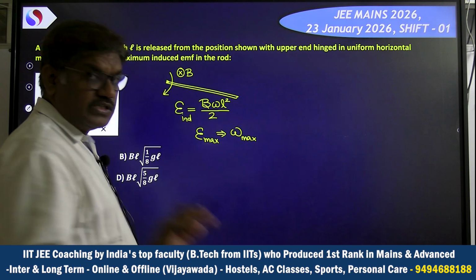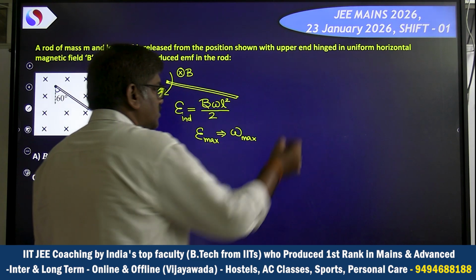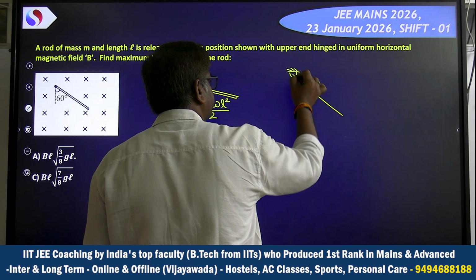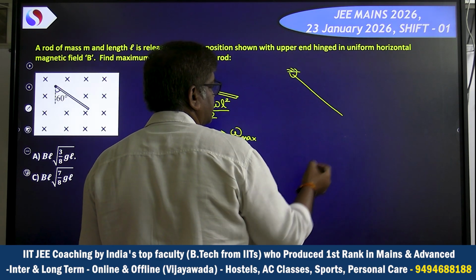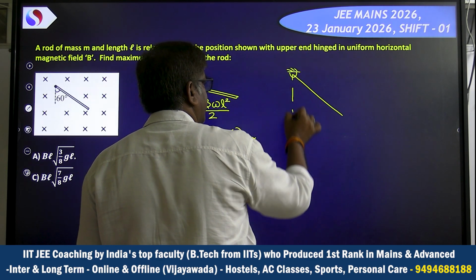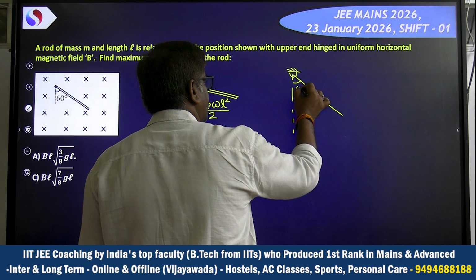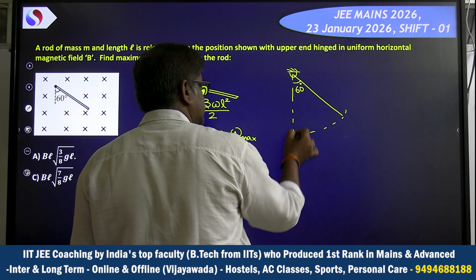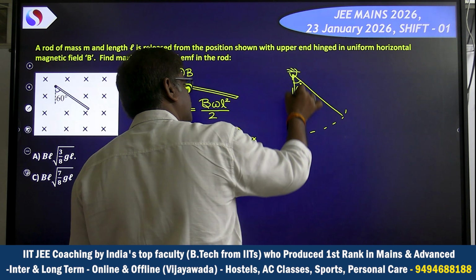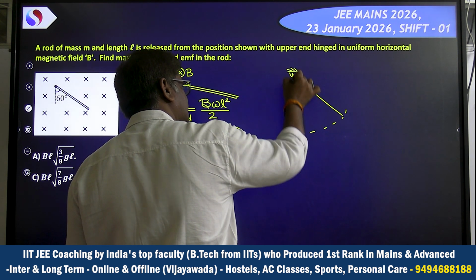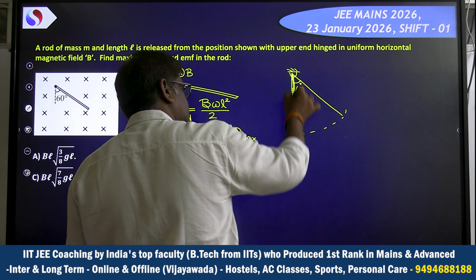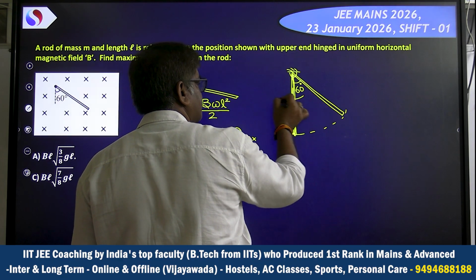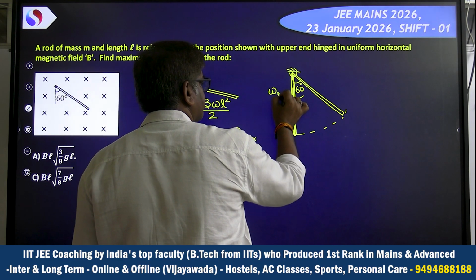Suppose the rod is being released from this position, making an angle of 60 degrees. Then you very well know that it gets the maximum omega when the rod becomes vertical, when it is passing through the vertical position.